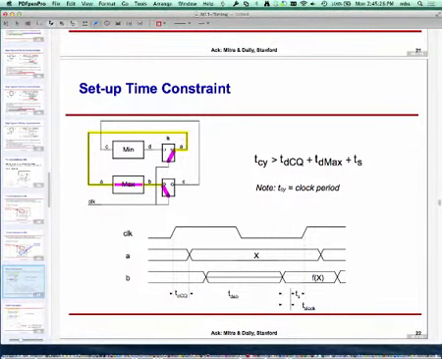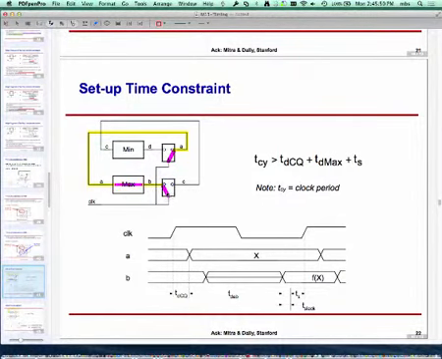That value propagates through the slow path, and it has to be latched by this flip-flop out here. So I have a path going from this flip-flop, through some logic, and this happens to go through a very slow path. Now, I have to make sure that the new value out here is ready on time. That's my setup time constraint.